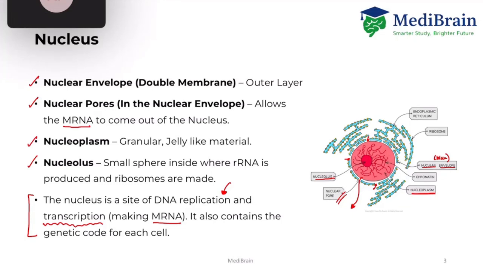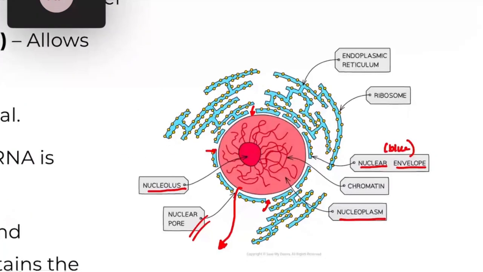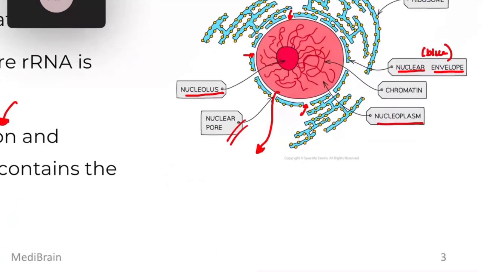Okay, so think about it. Your body has a lot of proteins. You have a lot of proteins in your blood. How are those proteins synthesized? How are enzymes synthesized? Remember, we looked at this when we looked at the primary, secondary, tertiary, and quaternary structure of enzymes. The primary structure, the sequence of amino acids, first has to be produced. That is produced within the nucleus. The nucleus has the code to those sequences of amino acids.